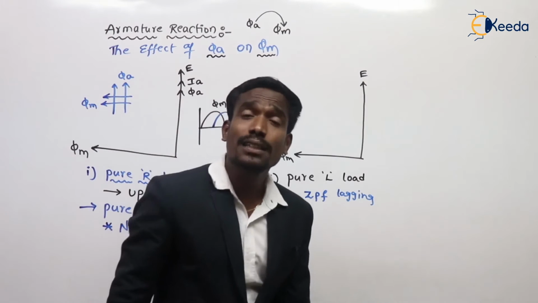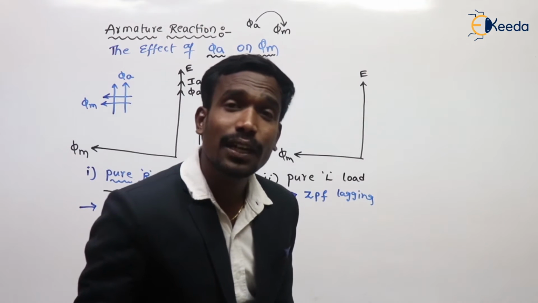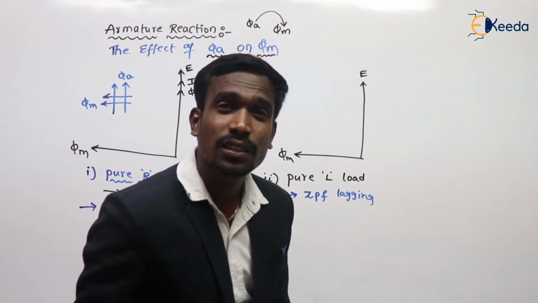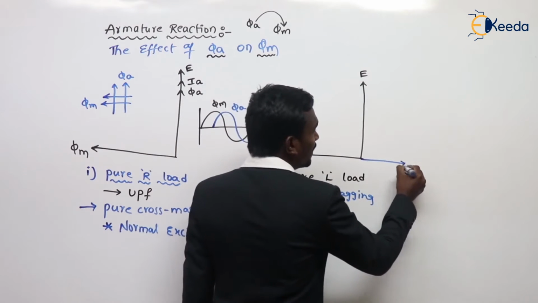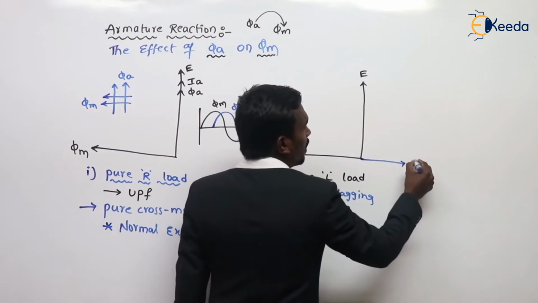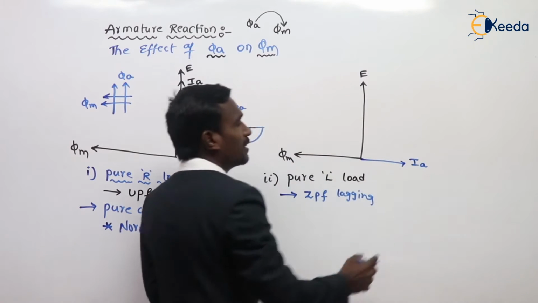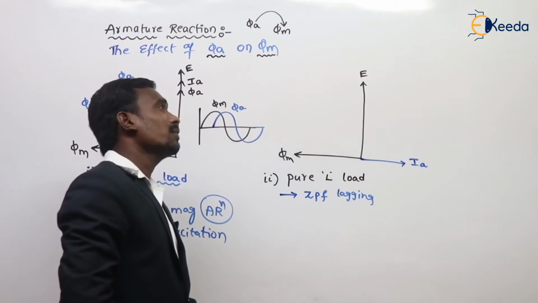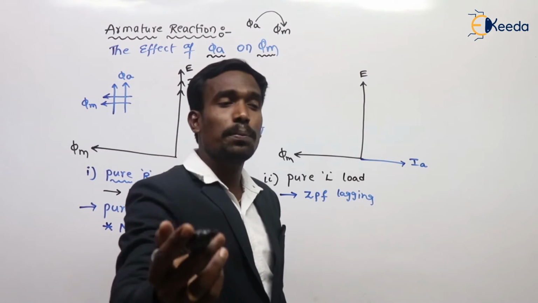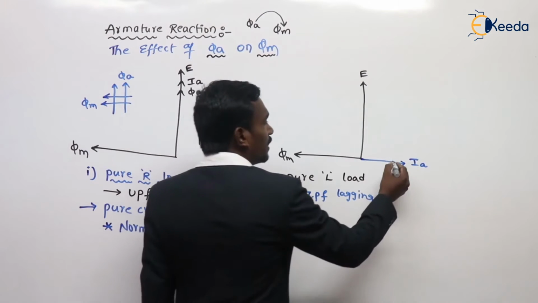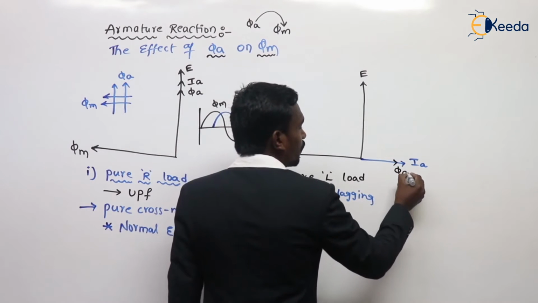Nothing but what is the angle between current and voltage? Current and voltage are displaced by 90 degrees. The voltage is here and my armature current is here. The angle between voltage and current is 90 degrees, cos 90 is 0, zero power factor lagging, and here is my armature flux.